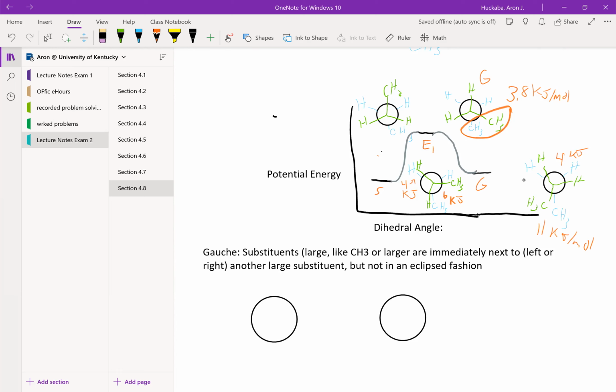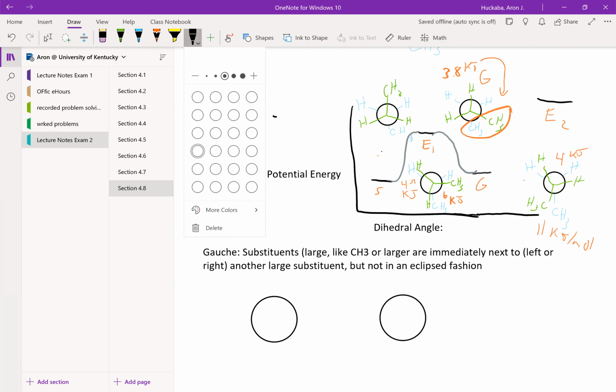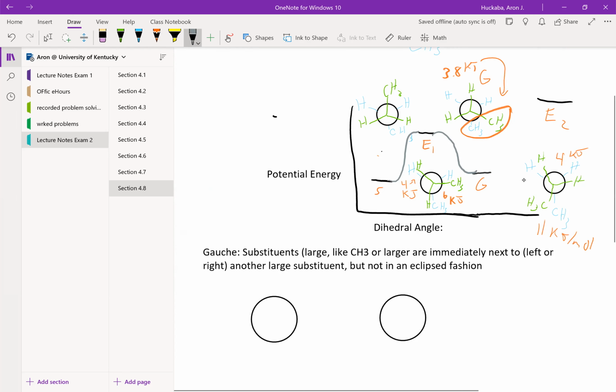And if we were to draw this, I'll just redraw it over here, then it would be like up here. And we'll call this eclipsed 2. And as before, we can go up the energy landscape like this.